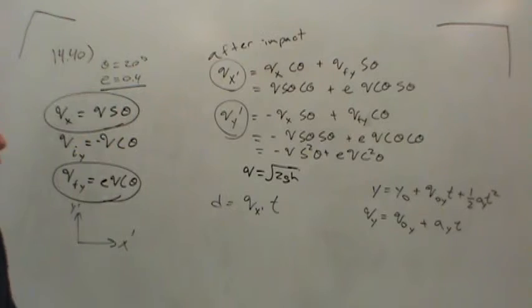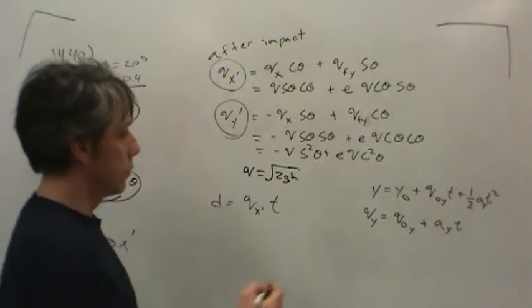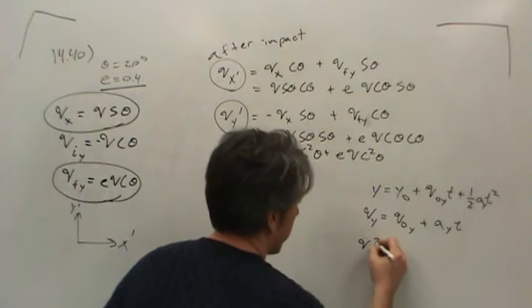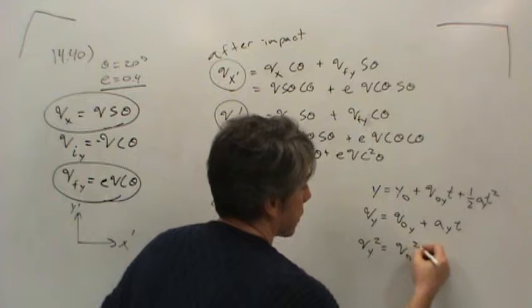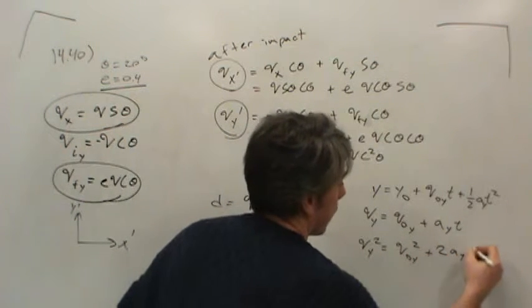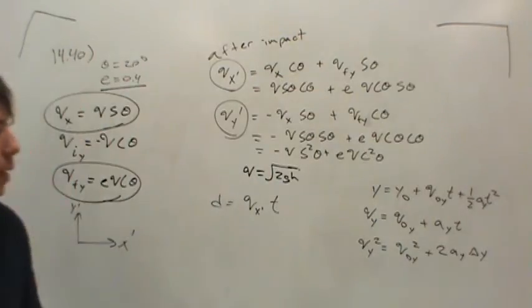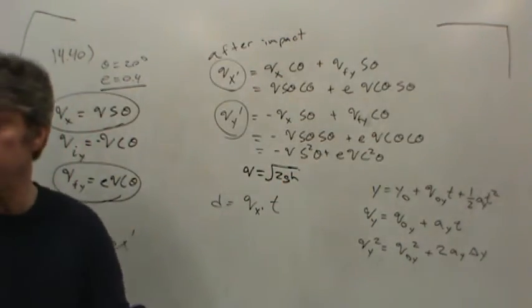All right. What else? Vy squared equals v naught y squared plus 2 a y delta y. That's right. Okay, these are the three constant acceleration equations that may be useful to us.